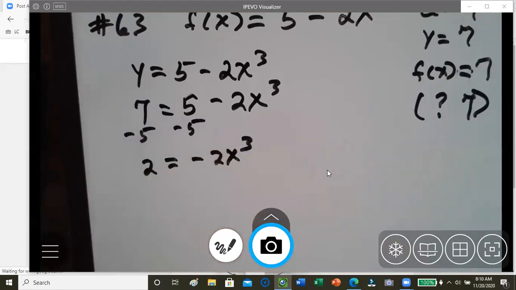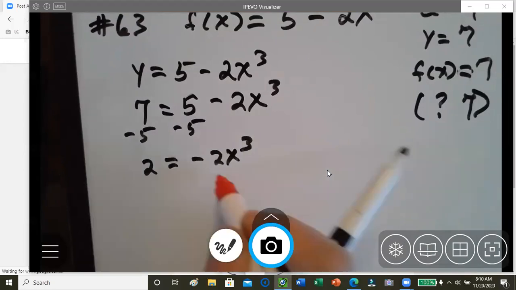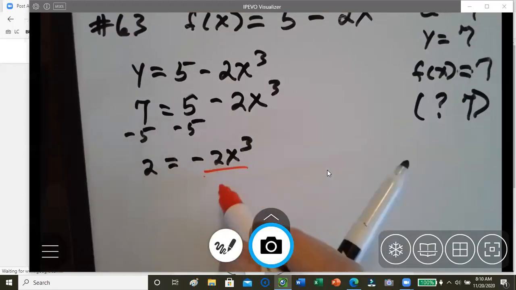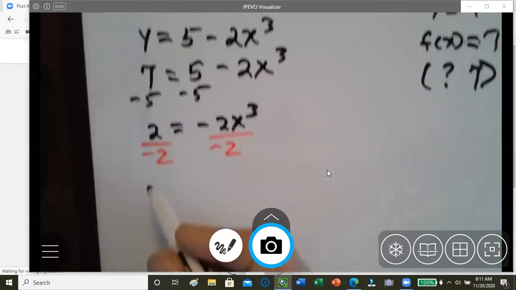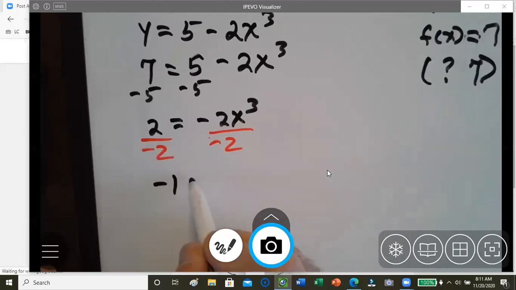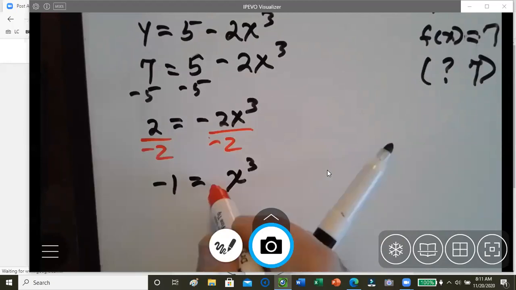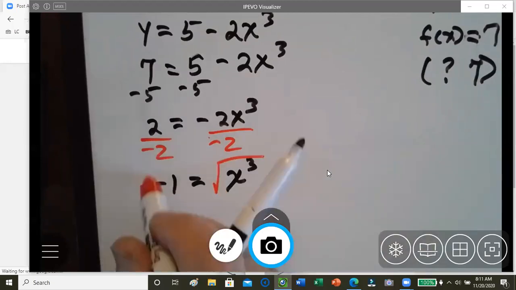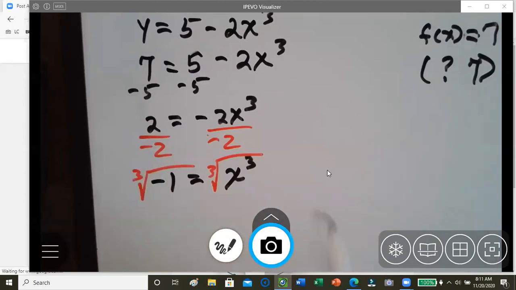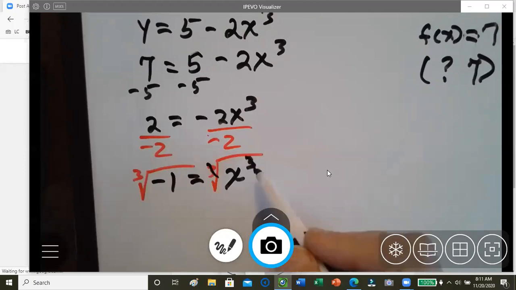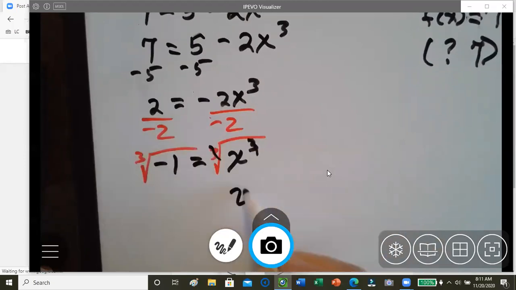And then from here, we can just divide by negative 2, and we get negative 1 equals x cubed. And then we just apply the cube root. Since x is cubed, we have to apply the cube root so that the cube root and the cube cancel each other out. And we get x equals negative 1.